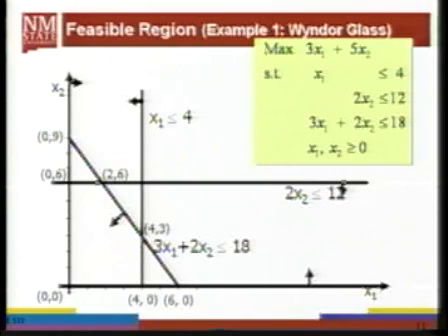And because the point (0, 0) does satisfy 3x1 plus 2x2 less than or equal to 18, we may conclude that (0, 0) is one of the feasible points based on this line. So the feasible region would be the points below this line, which is this side, and the line itself. So the resulting region of permissible values of x1, x2 is called the feasible region in this case.